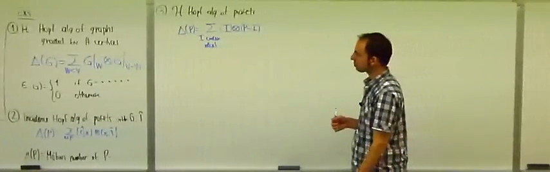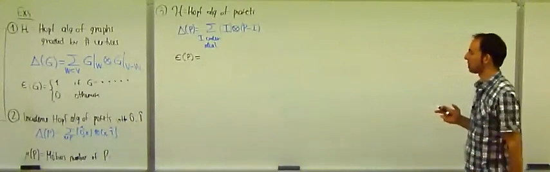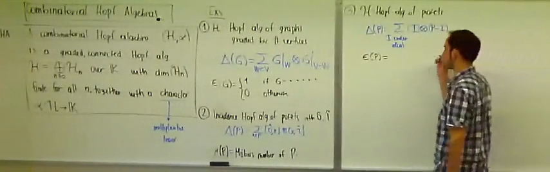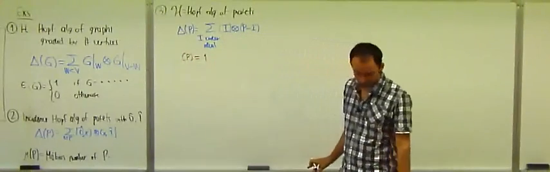And here, again, I have a lot of freedom for what my character is, and what I'm going to do in this case is just consider this character, which is always equal to 1. Actually, I shouldn't call it epsilon.